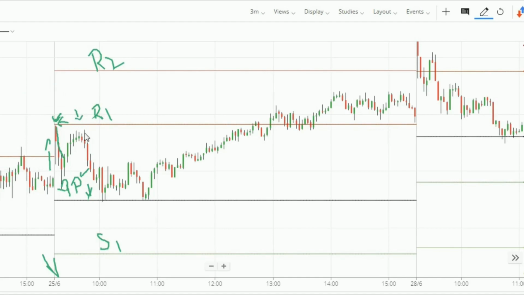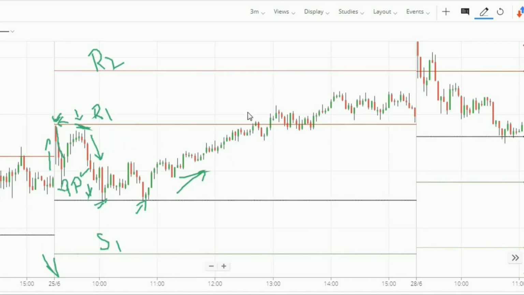Again, there was a resistance on R1, so the market started going down again, and then in this situation and in this situation again, the market gave a support on the pivot point and the price of the stock started going up.